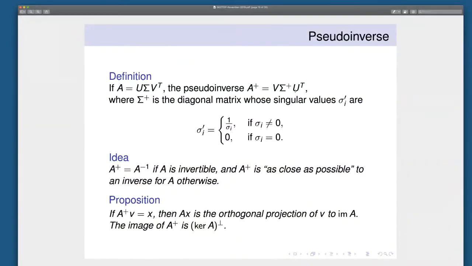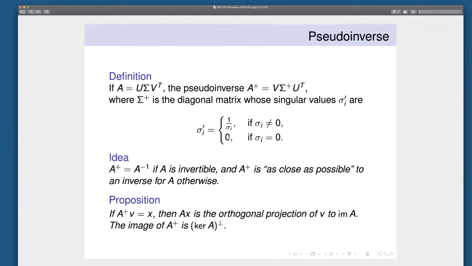The trick we need is called the pseudo-inverse. If you define your matrix in terms of singular values, the pseudo-inverse just inverts all the singular values, but it only does it to the ones that are non-zero. If you have a 0 singular value, it leaves it alone. So the inverse matrix would invert all the singular values.